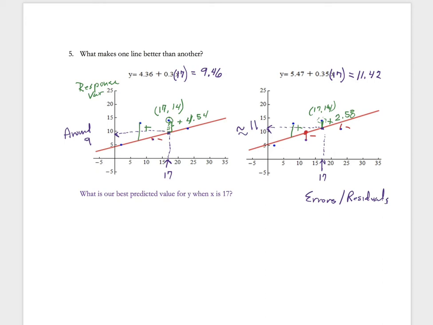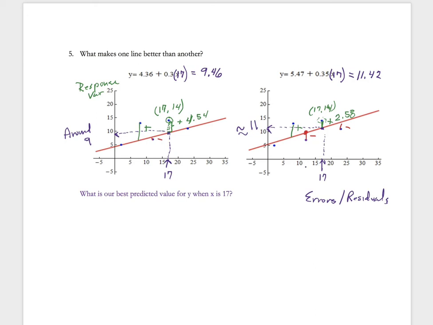What we're trying to do is minimize these errors. So in deciding between which of these two lines is best, we're trying to figure out which of these lines produces the more minimal amount of error. But to get a total sum of these errors, we can't just add them all together, because those that are positive will offset those that are negative.